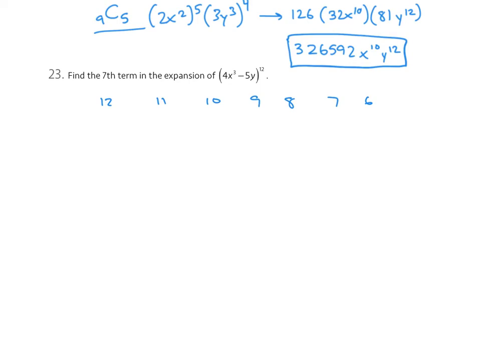If I count it out just to confirm, I have 1, 2, 3, 4, 5, 6, 7. So the seventh term is going to have an exponent of 6. And by exponent of 6, I mean it'll be 4x cubed to the 6th power. And that means the other part would be negative 5y to the 6th power as well. And then this leading coefficient would be 12 choose 6.